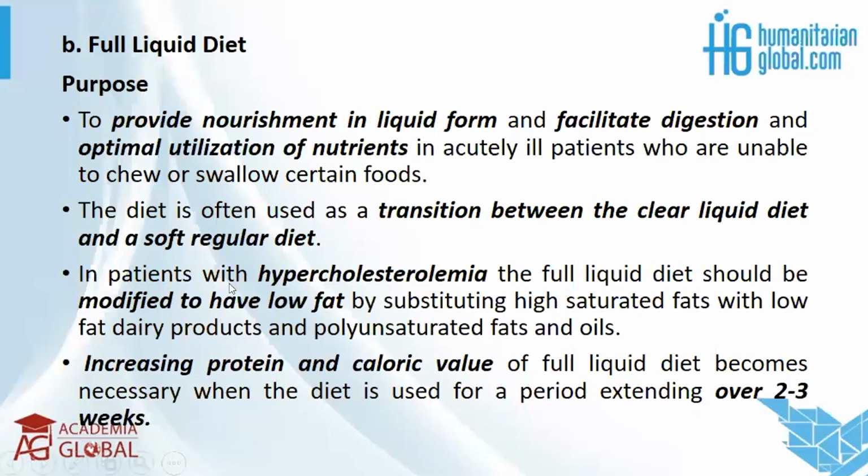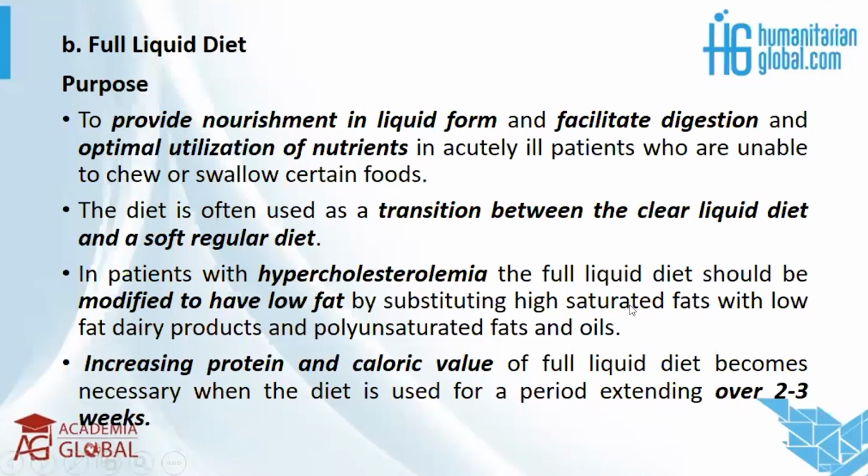Now in patients with hypercholesterolemia, as the word is being read here, hyper means a lot of cholesterol in the blood. The full liquid diet should be modified to have low fat, because somebody might have high cholesterol because of consuming a lot of saturated fats, animal fats.